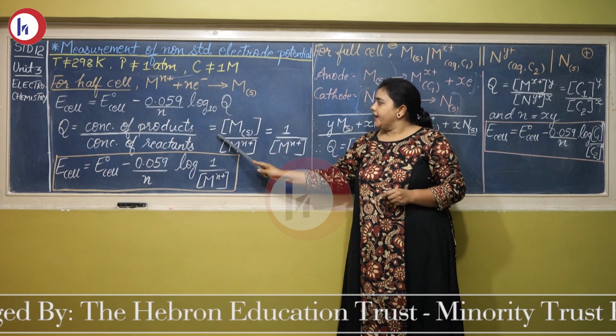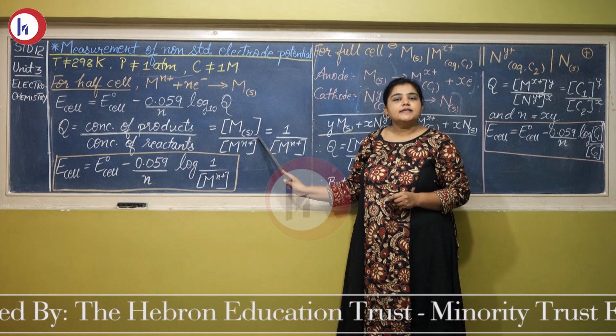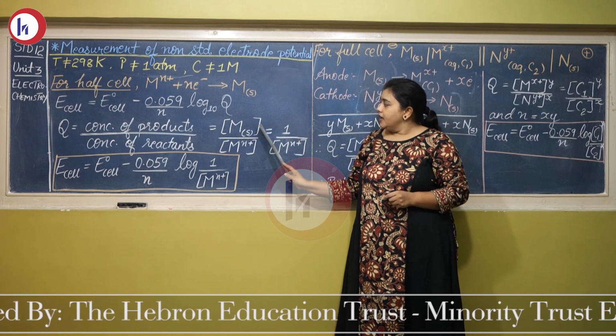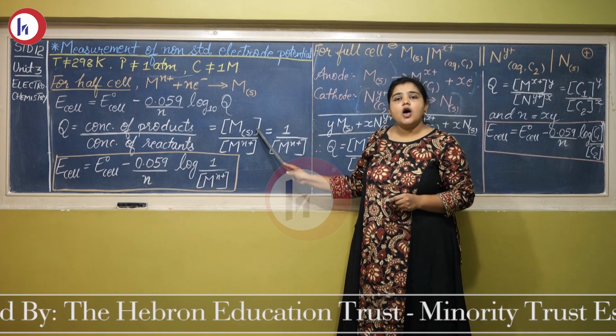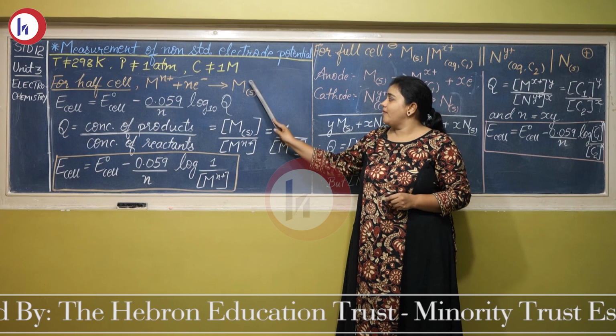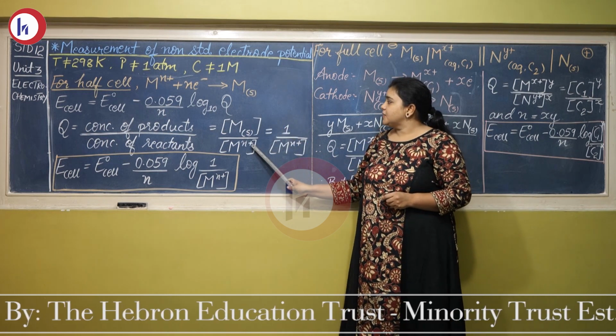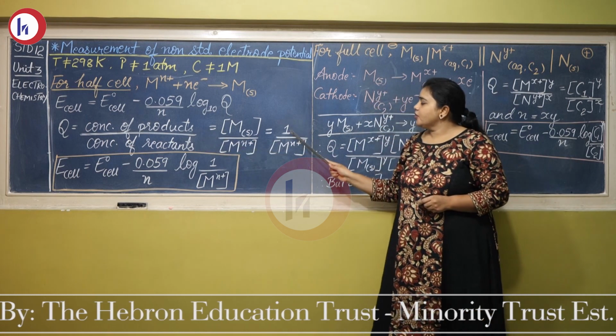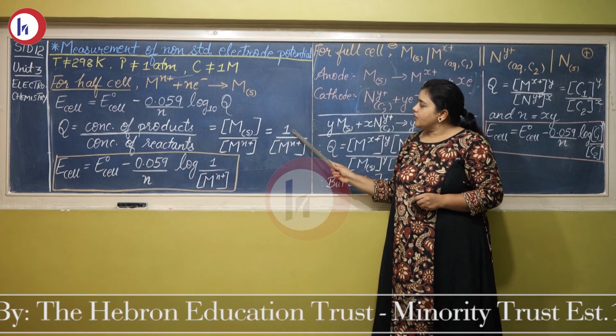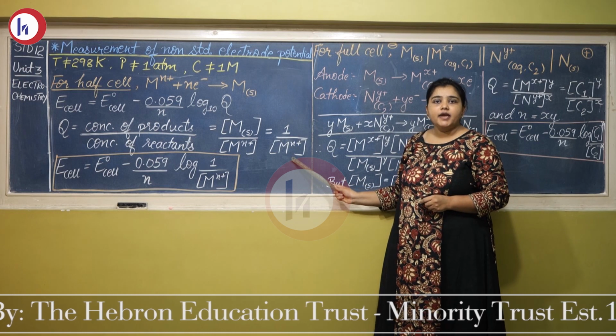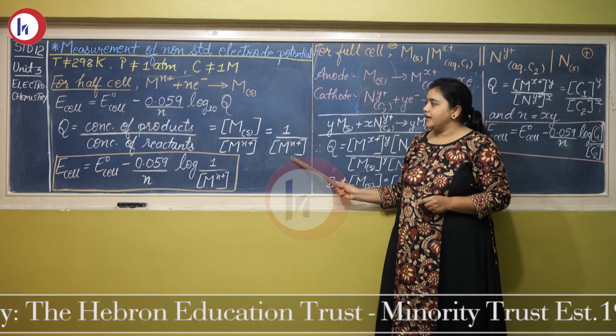The square bracket here, student, represents the concentration. Now, for any solid substance, the active mass of metal solid will always be equal to 1. So, when we substitute here, we get the reaction quotient for a half cell is equal to 1 divided by the concentration of the metal ion.